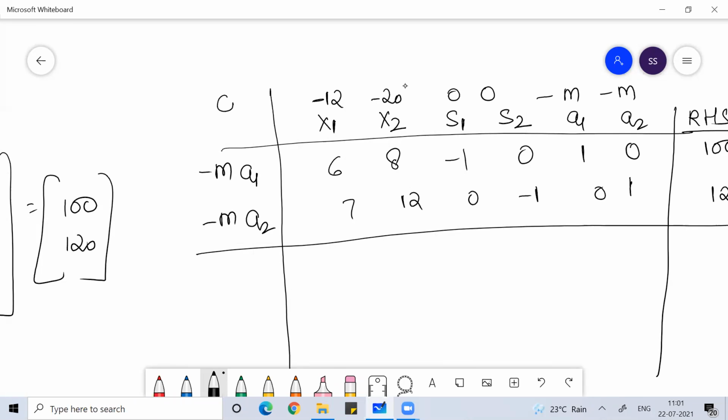Clear, everyone? Anyone have any doubt? Write them. This is equal to Ci. Then find Zi. You know how to find Zi.